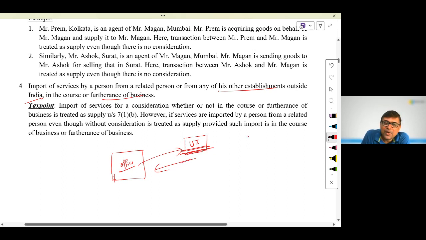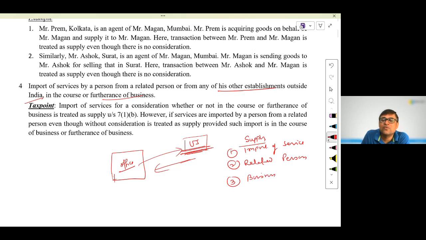There is a supply of services and it is the import of service. It is from a related person. And number three, it is for business, for furtherance or in the course of business. In that situation, even though there is no consideration, it will be treated as supply and liable for GST.